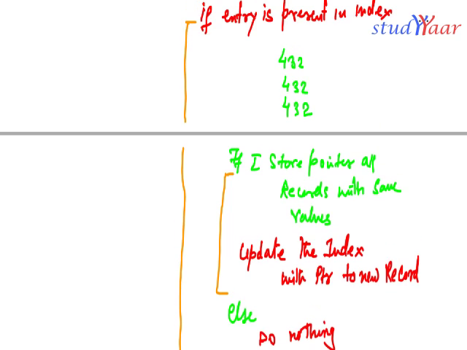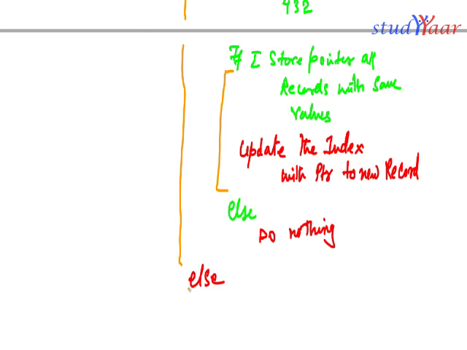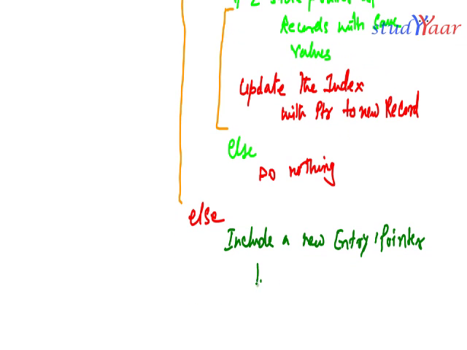If the entry is not present and this is a dense index, then we are going to include a new entry and a pointer to this new record. Right?